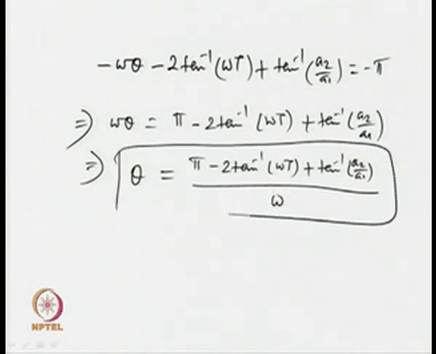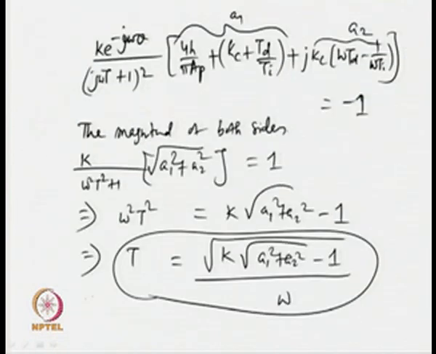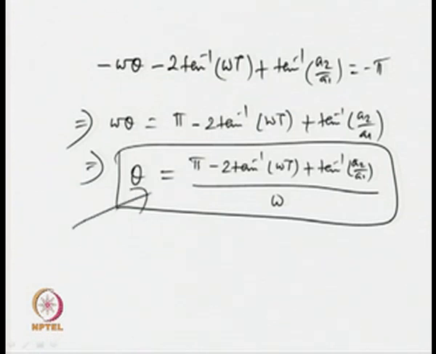So, this is how for the second order plus dead time dynamics we have been able to find explicit expressions for the unknowns time constant t and the second unknown the time delay theta.